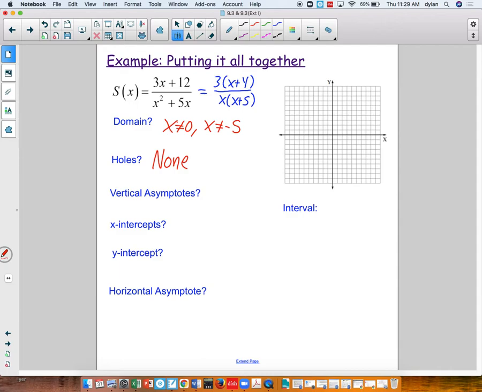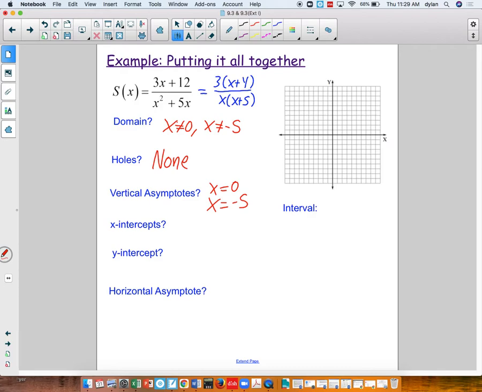So then step 3 says, find the vertical asymptotes and draw them. The vertical asymptotes occur at the locations where the domain does not exist unless there's a hole at that location. So in this case, we have 2 vertical asymptotes. We have a vertical asymptote at x equals 0. We also have a vertical asymptote at x equals -5.